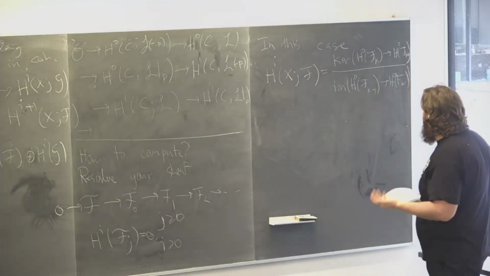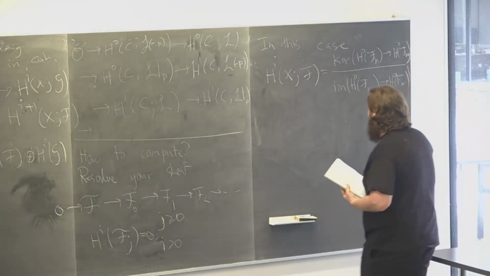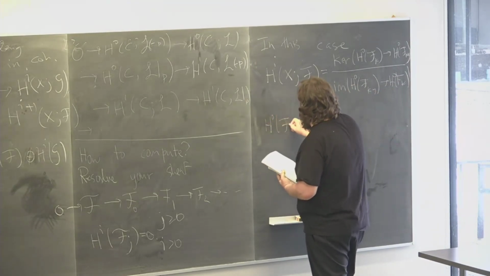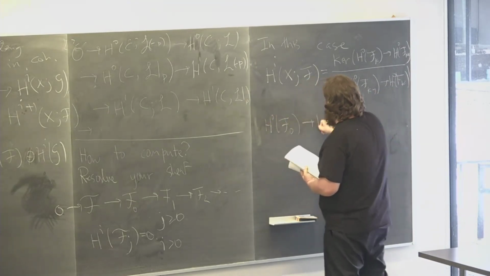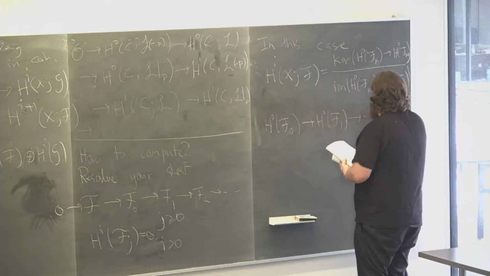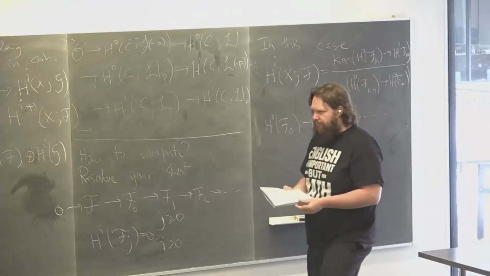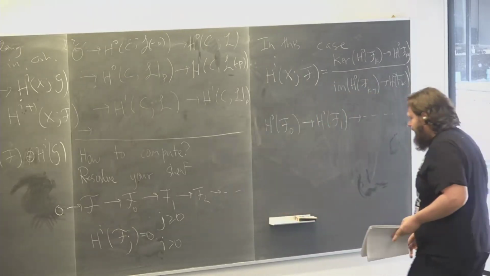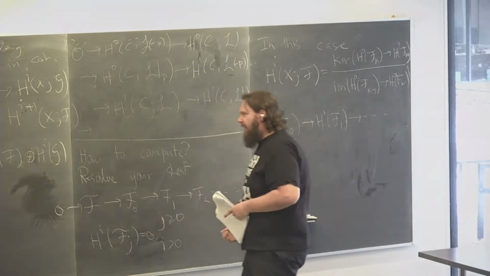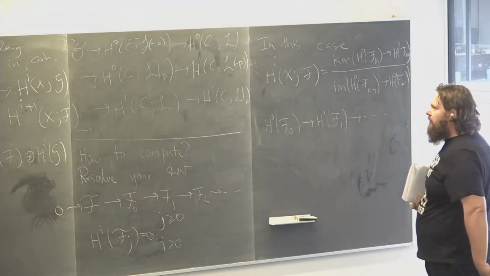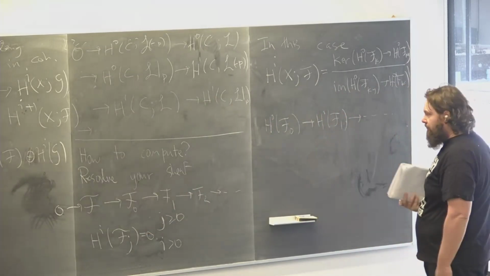Right. So this is just the cohomology in the usual sense of the complex H^0(F^0), H^0(F^1), and so on. All right, and it's key, of course, that these higher guys vanish. So once you know that, you can relatively easily prove this by induction.